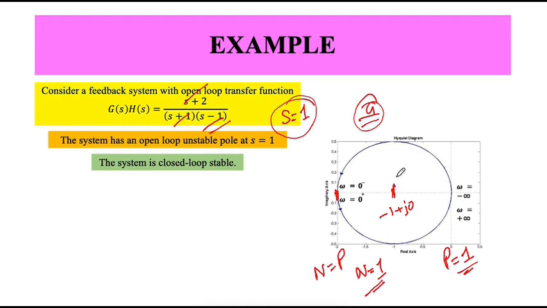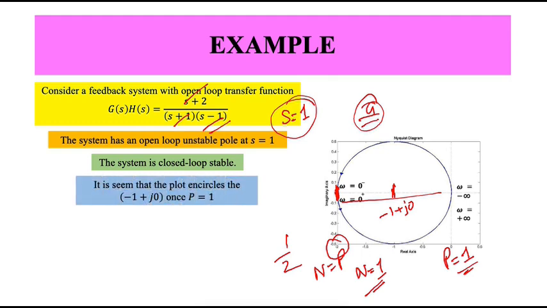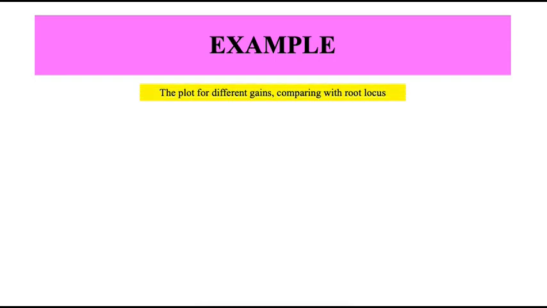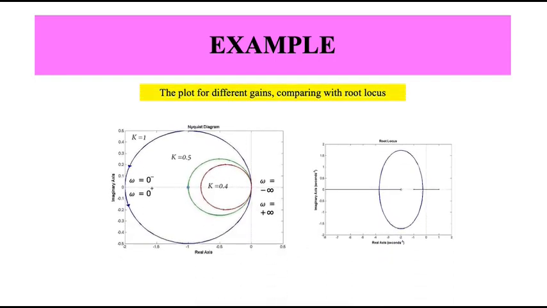Now see where the intersection with the real axis is. It intersects here. So what is the magnitude? Well, it is 2. So the gain margin is 1 by 2. Well, we will see what that means, right? So what is the gain margin? If I start with the gain k equals 1.